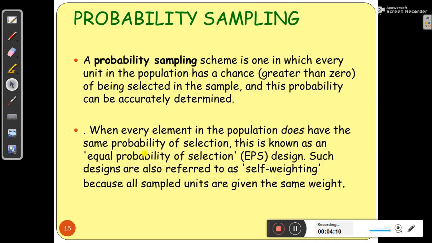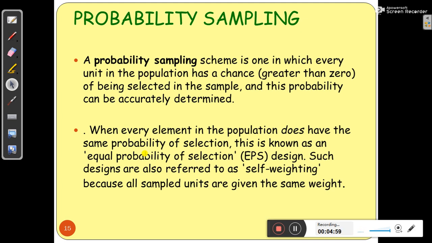So the first type is probability sampling. A probability sampling scheme is one in which every unit in the population has a chance, meaning a probability greater than 0, of being selected in the sample, and this probability can be accurately determined.